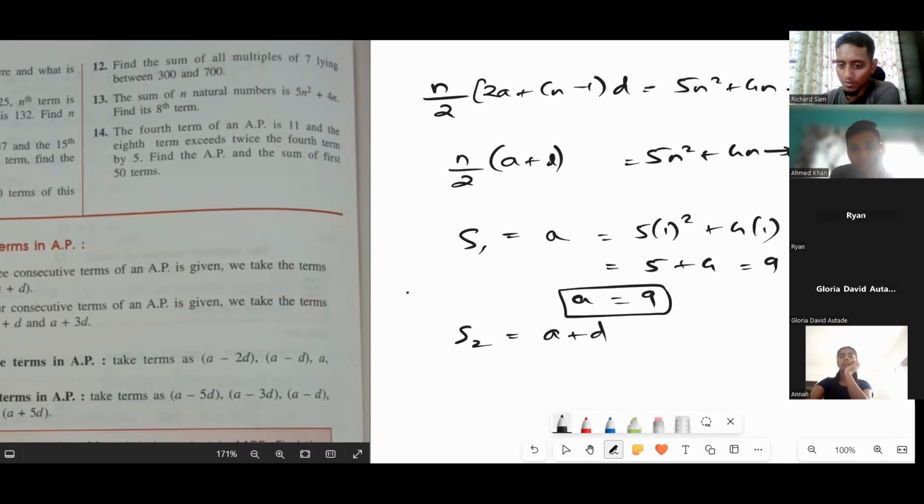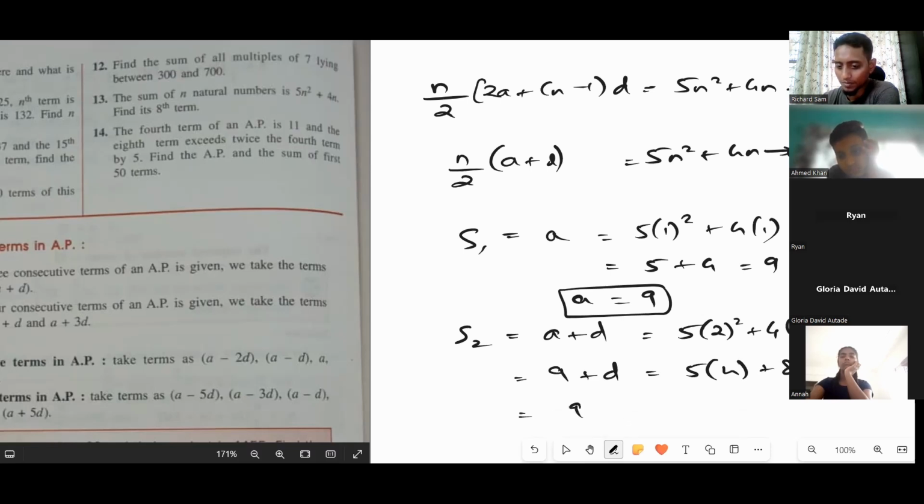Applying this formula, for the sum of two terms you put 2: 5 into 2 square plus 4 into 2. And we have A already, so 9 plus D is equal to 5 into 4 plus 8.